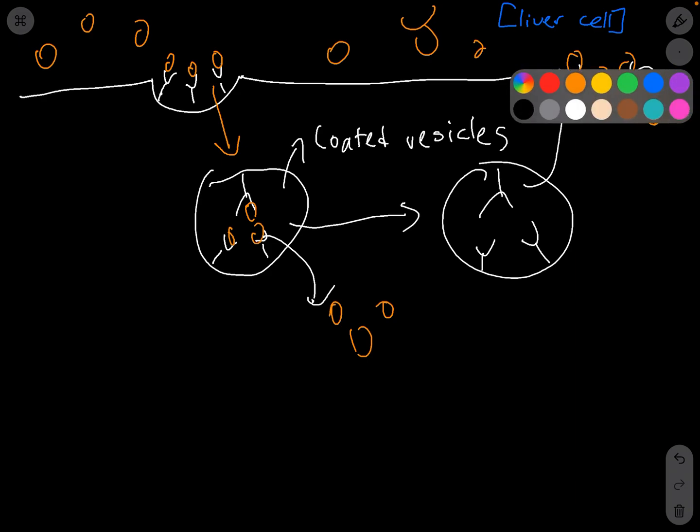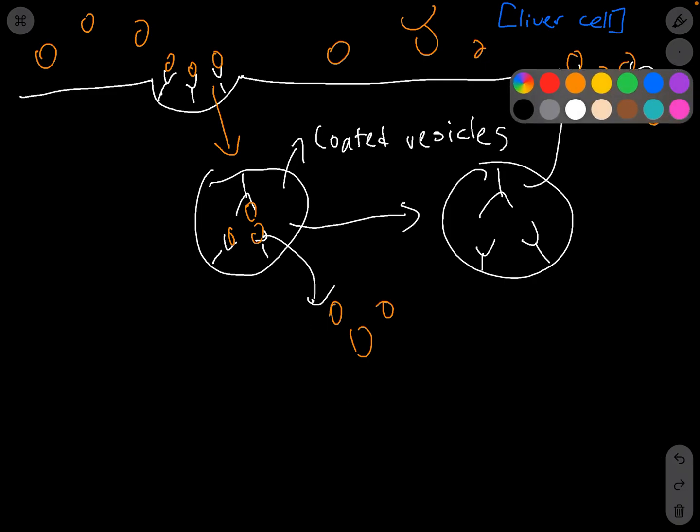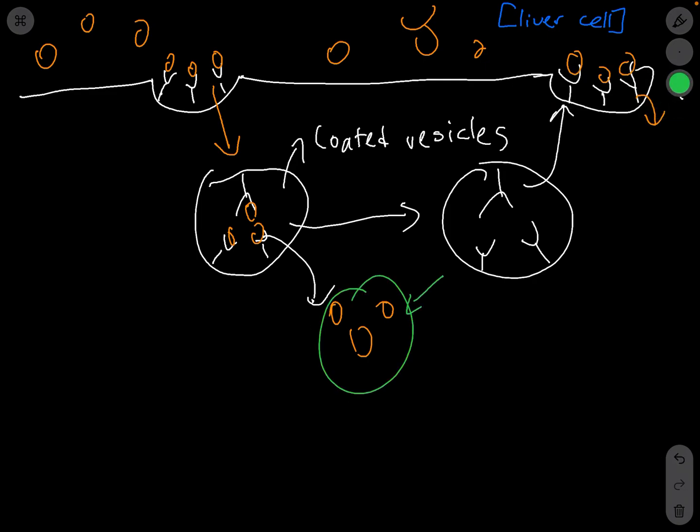Okay, so this LDL cholesterol that's now in the cell is surrounded by a cell organelle called the lysosome. I'll put a different color, lysosome. Now there are enzymes in this lysosome that break down this cholesterol into free cholesterol, into microscopically smaller pieces of cholesterol.